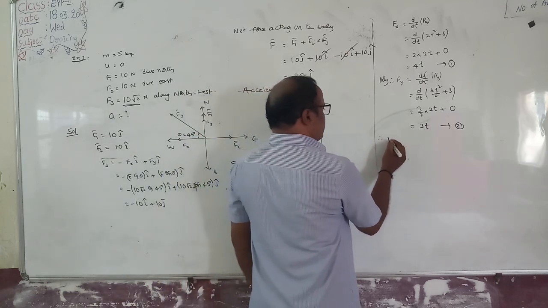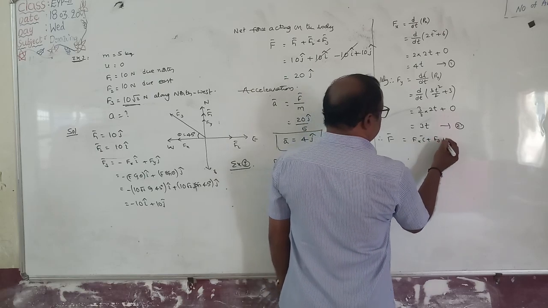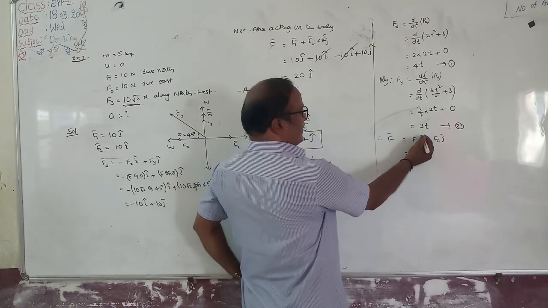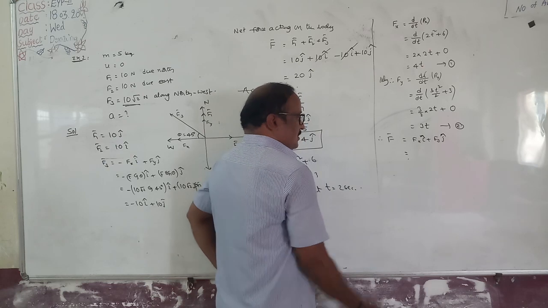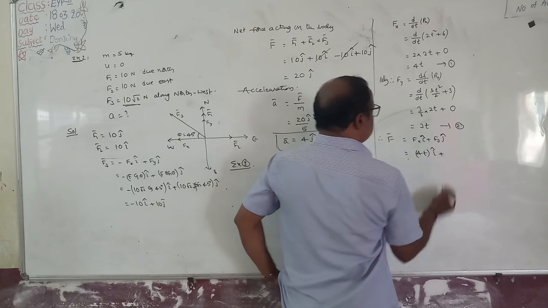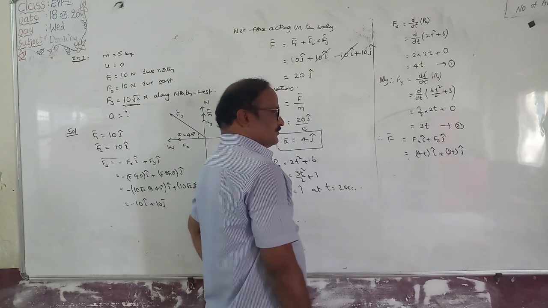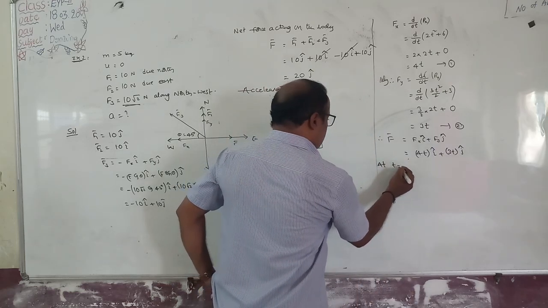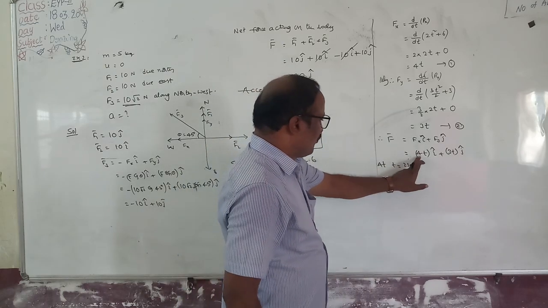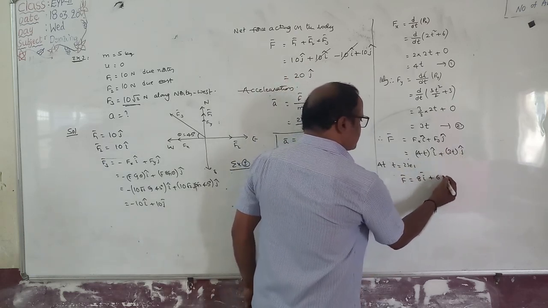Therefore, net force acting on the body is given by F bar is equal to Fx i cap plus Fy j cap. Fx means along x direction, unit vector i cap, along y direction, unit vector j cap. What is Fx? Fx is equal to 4t into i cap plus Fy is equal to 3t into j cap. Again, at time t is equal to 2 seconds, the formula for force F bar is, t is replaced by 2. 4 into 2 is equal to 8 i cap plus 2 into 3 is equal to 6 j cap.